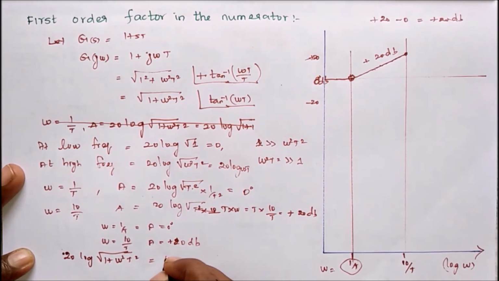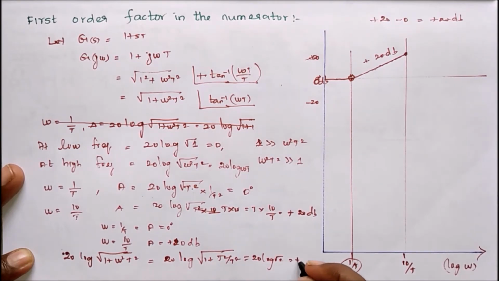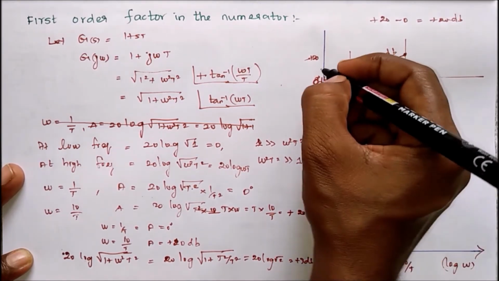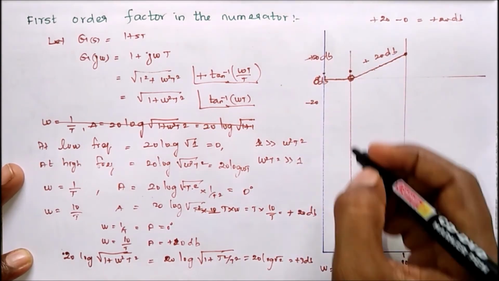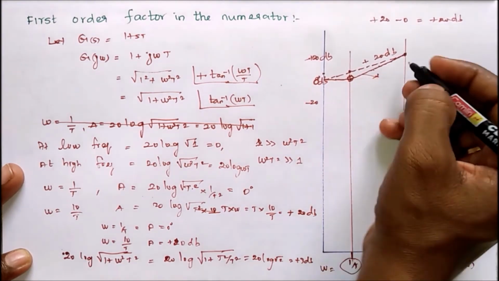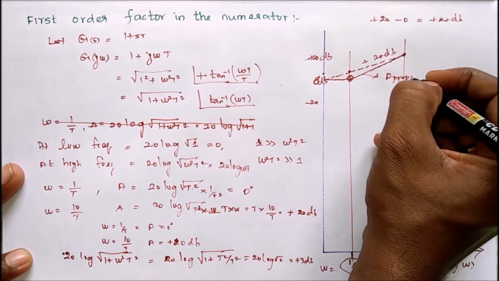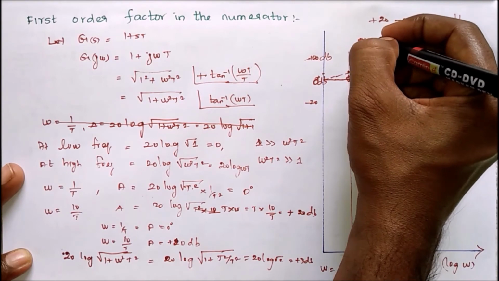Substituting omega equal to 1 by T, we get 20 log square root of 2, which is nothing but plus 3 decibel. So at the corner frequency, the actual plot is 3 decibel, while this is the approximate plot and this is the exact plot.